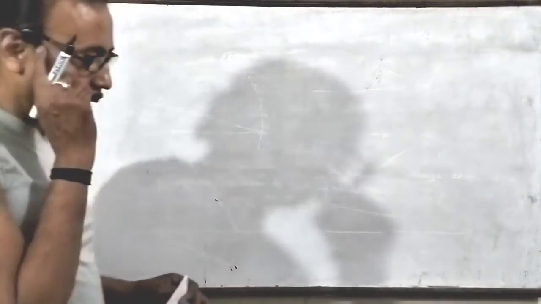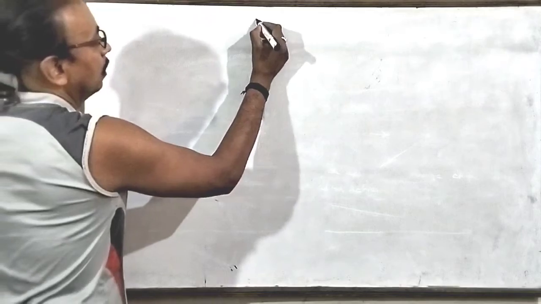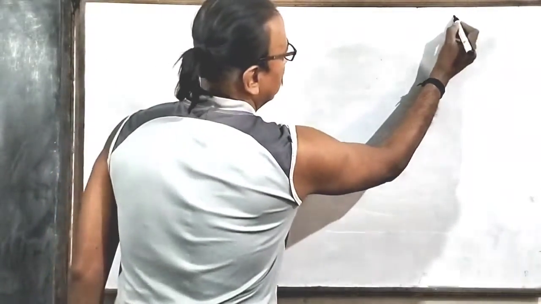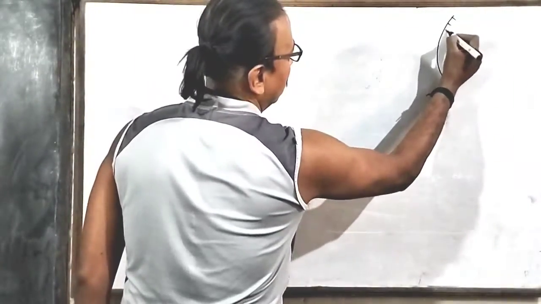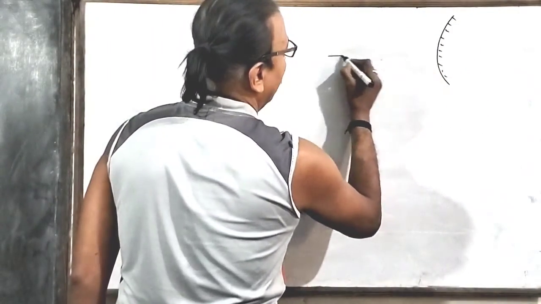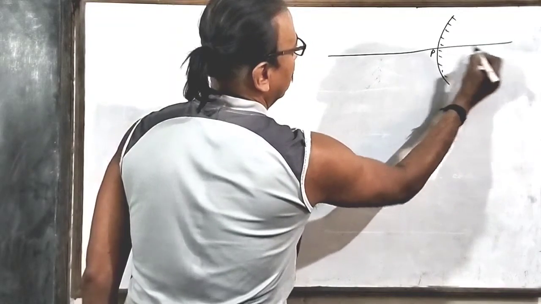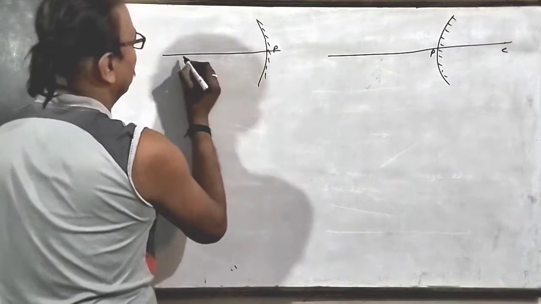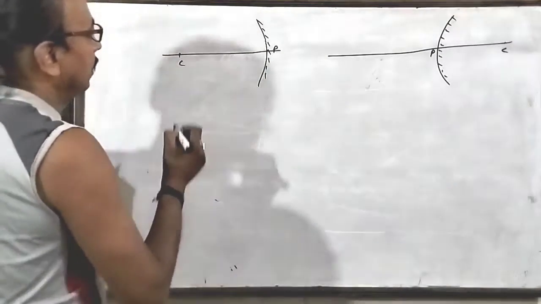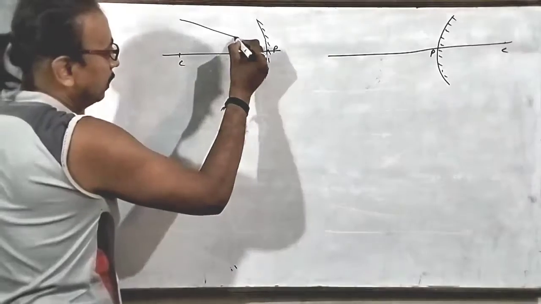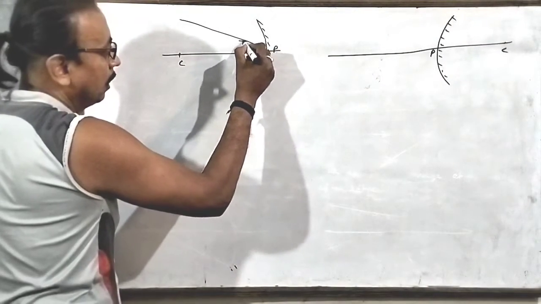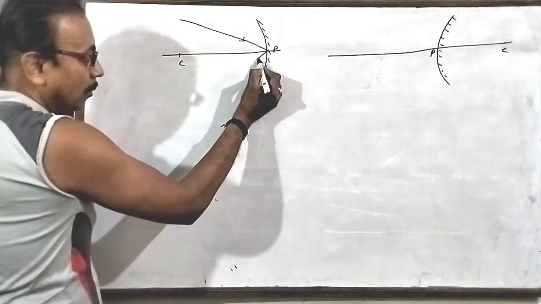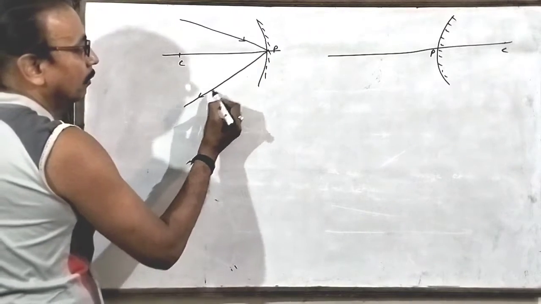There is another ray: if a ray strikes the pole making some angle with the principal axis, then it will reflect back at the same angle following the laws of reflection.